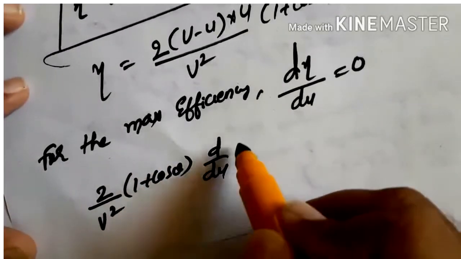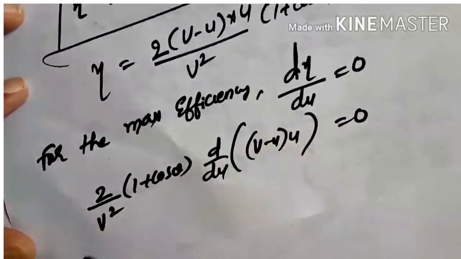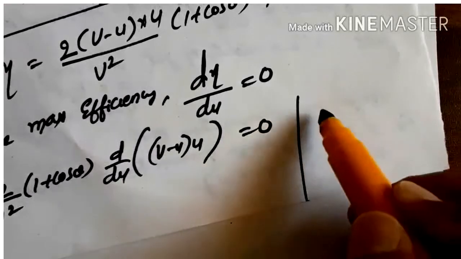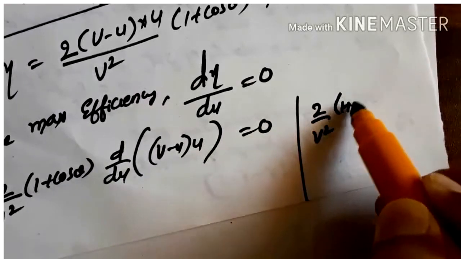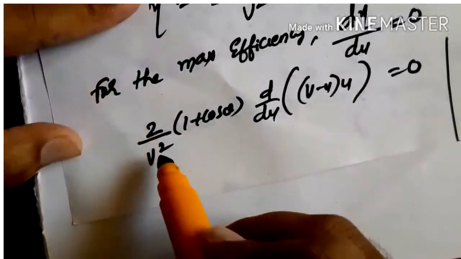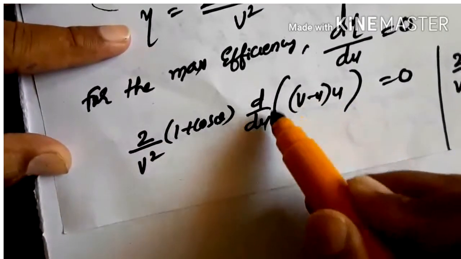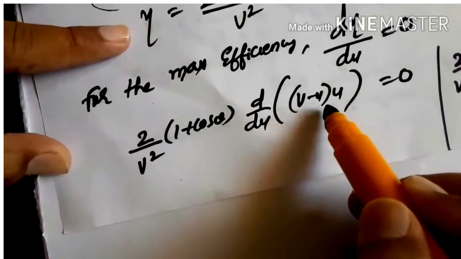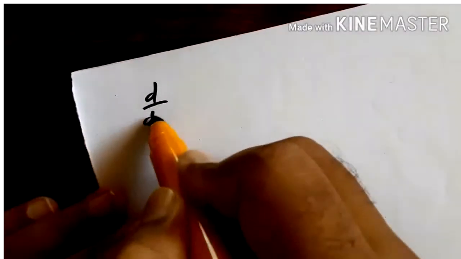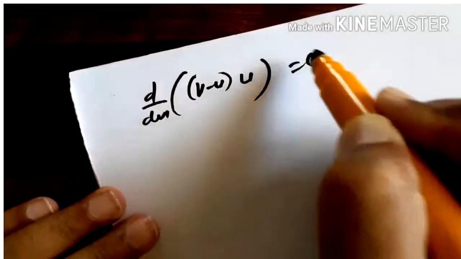Then I have to differentiate only d by du of (v minus u) into u, equal to 0. This term, 2 by v square (1 plus cos theta), cannot be 0, so you take it out. Then differentiate (v minus u) into u with respect to u, applying the product rule: d by du of (v minus u) into u is equal to 0.